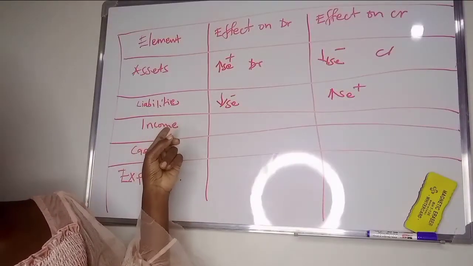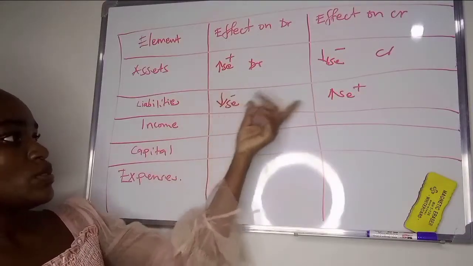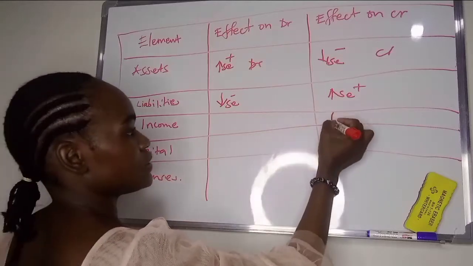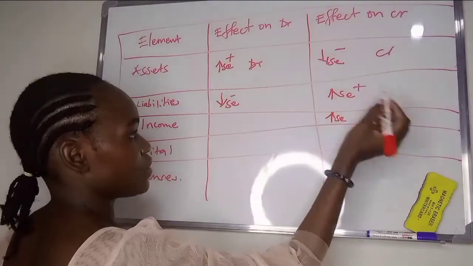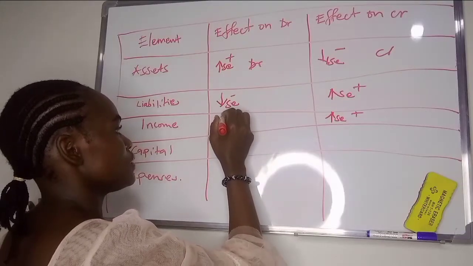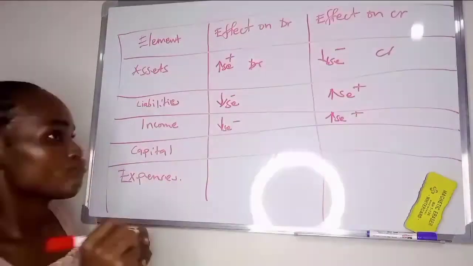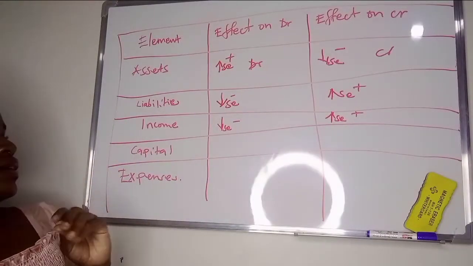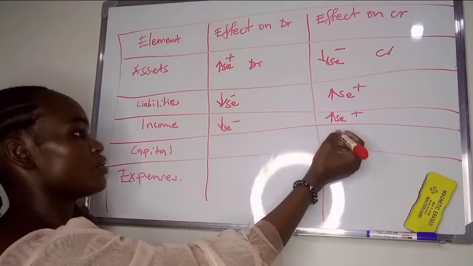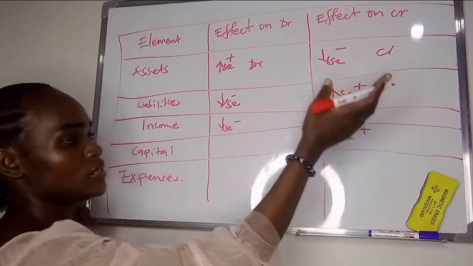Then income. Income has the same treatment as liabilities. It increases by crediting and reduces by debiting. Then capital, same treatment. It increases by crediting.